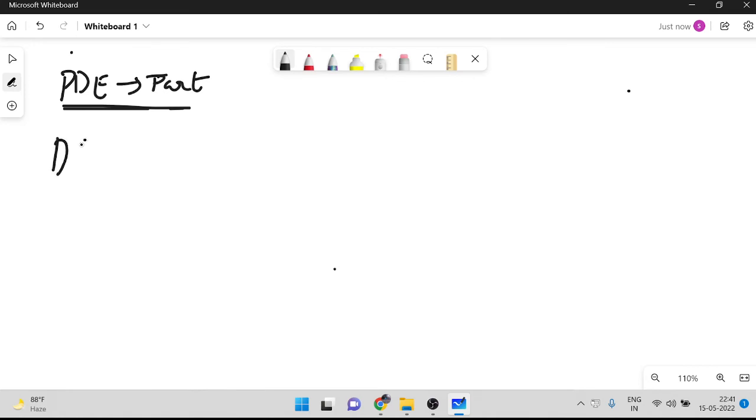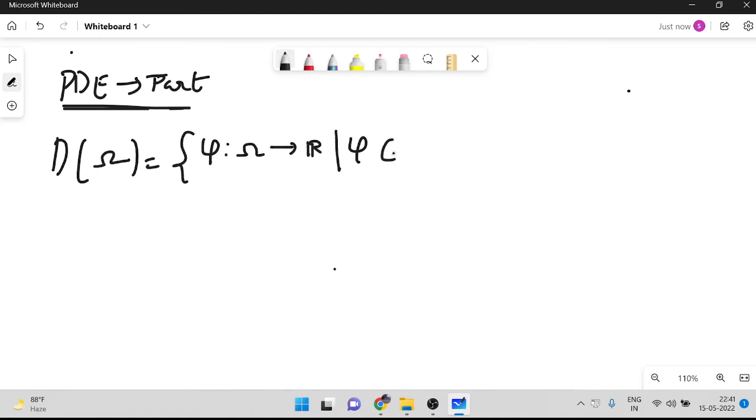Okay. So D of omega is basically all functions phi from some omega, being an open set in Rn, to R such that phi belongs to C infinity of omega, and the support of phi is a subset of Rn, and the support of phi is compact.